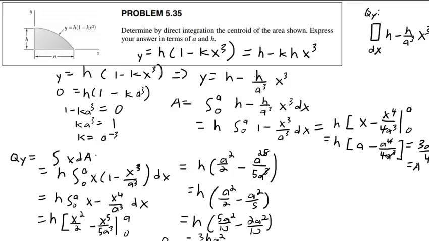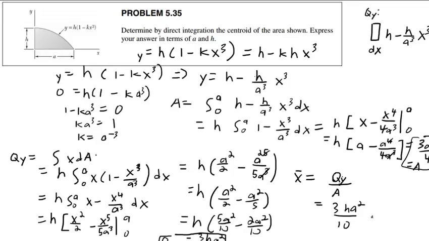And finally, so we have our a, we have our qy, and our x bar then is going to be equal to qy over a, which equals 3h a squared over 10 divided by 3ah over 4.